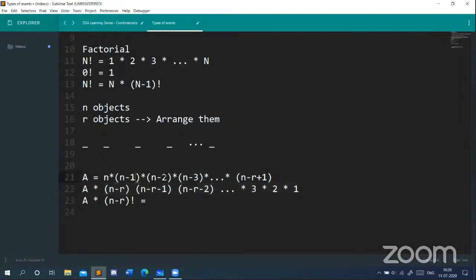N times n minus 1 times n minus 2 and so on, times 3 times 2 times 1. That's just n factorial, right? And therefore now I divide both sides by n minus r factorial, and we get our answer in terms of factorials, right? Sorry. In fact, it's n factorial over n minus r factorial.